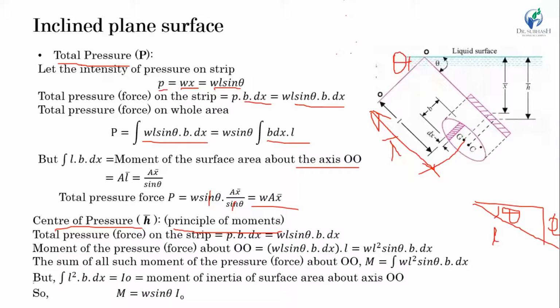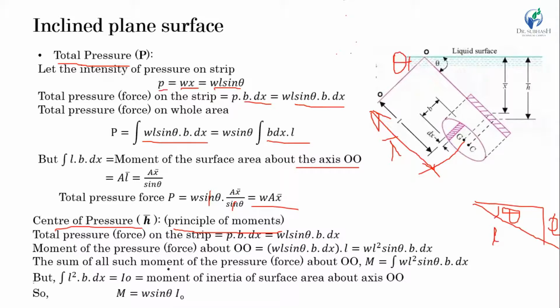Then we will calculate the moment of the total pressure force, which is P equal to WA X bar, and equate these two moments to get the final equation for H bar. Let's consider the total pressure force acting on the strip, which we have derived here: W L sin theta into B dx.